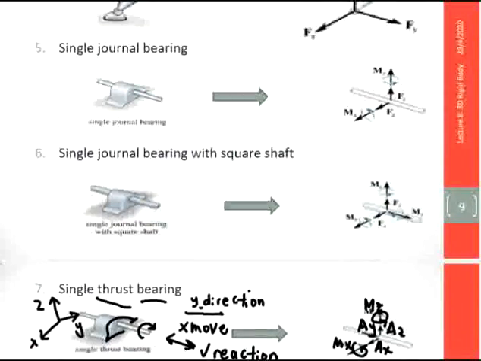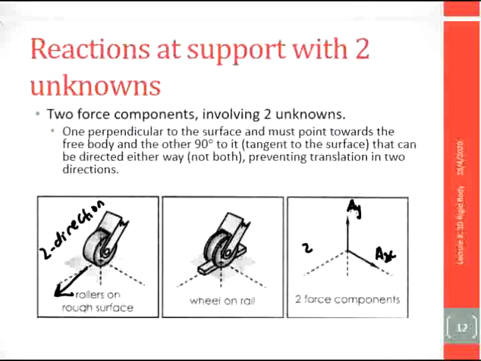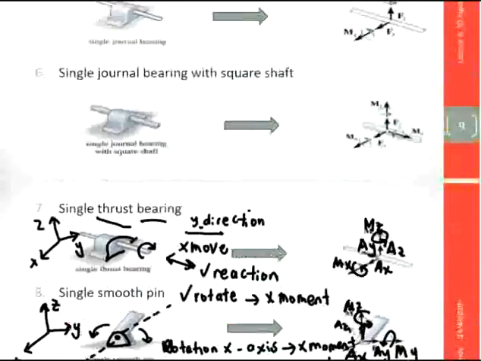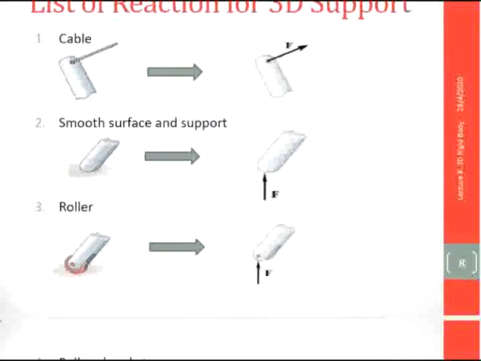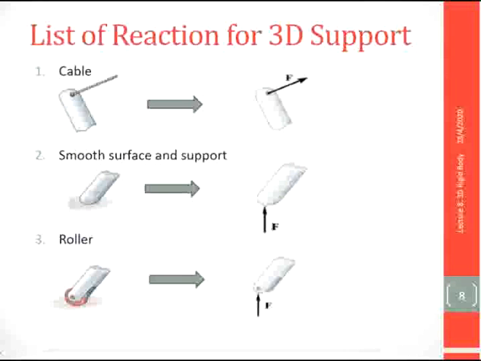Okay, to make you understand more, this one is a roller on a rough surface, so it can only move in one direction. So that's why the reactions are AY and AX. For this kind of reaction, it is preferable to consider a ball, because a roller usually moves in one direction.